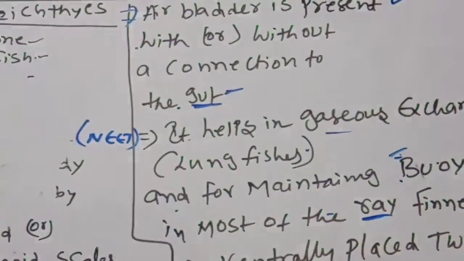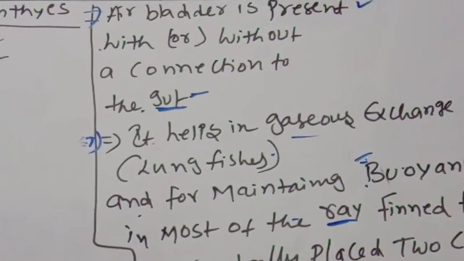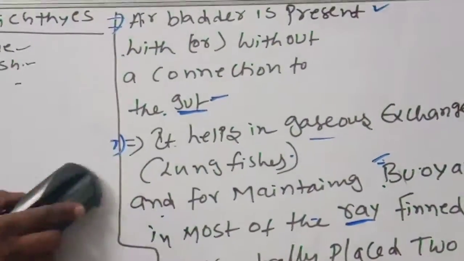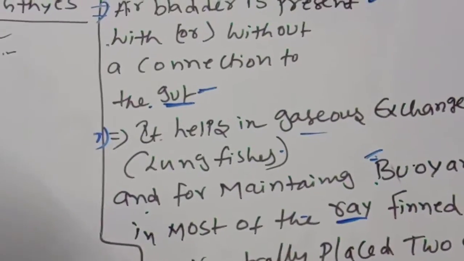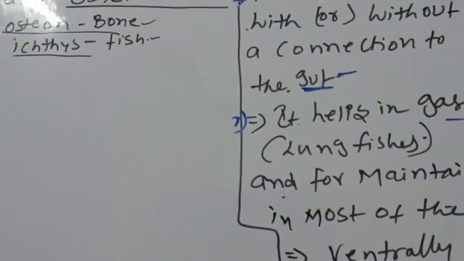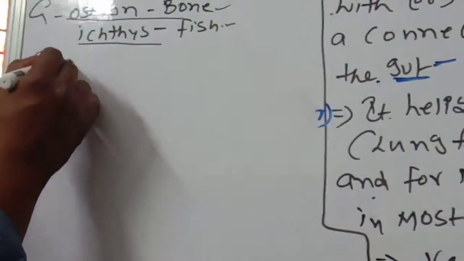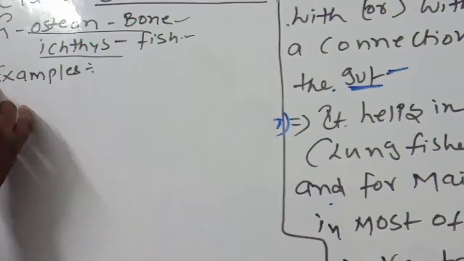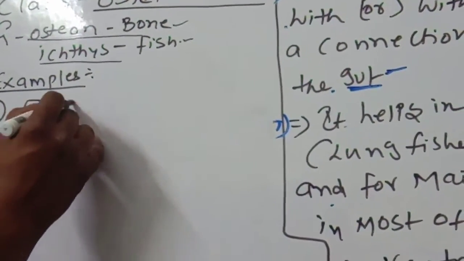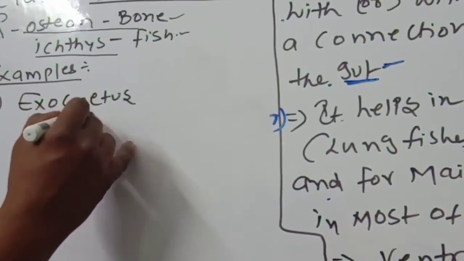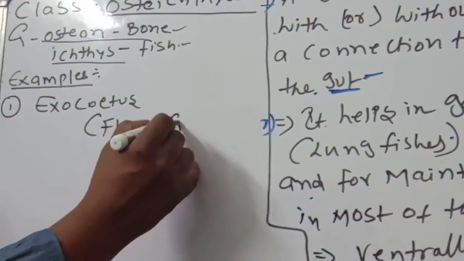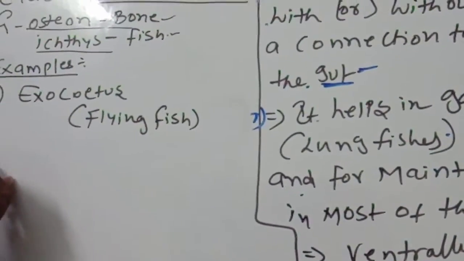The examples of Osteichthyes are most important. Number one, Exocoetus, also called flying fish.